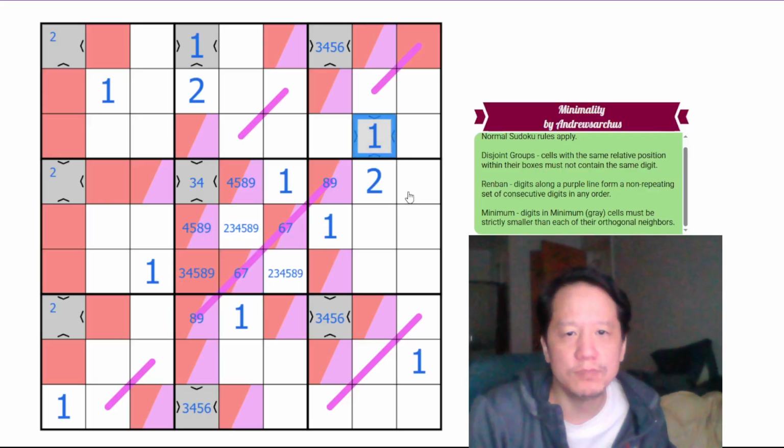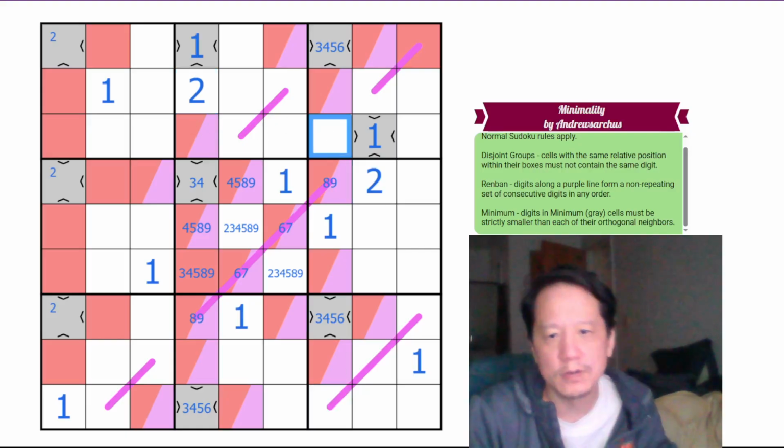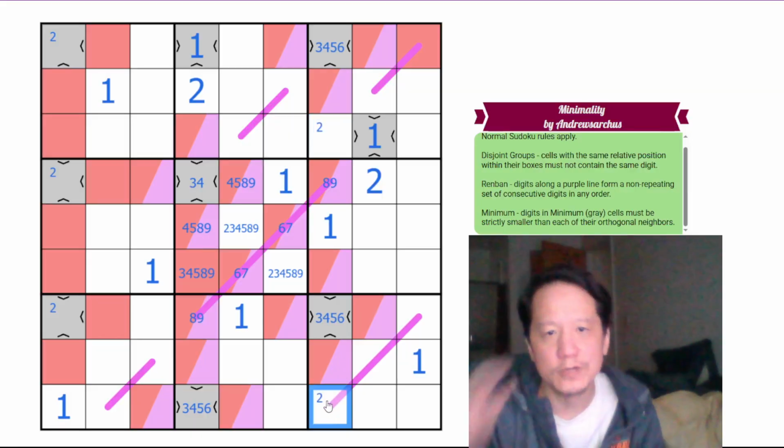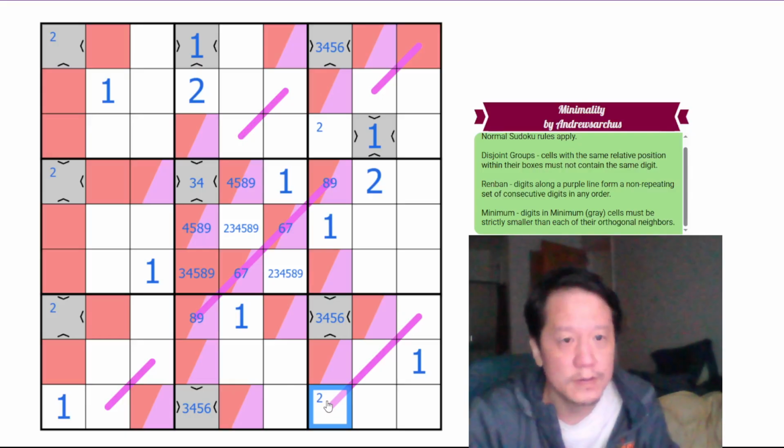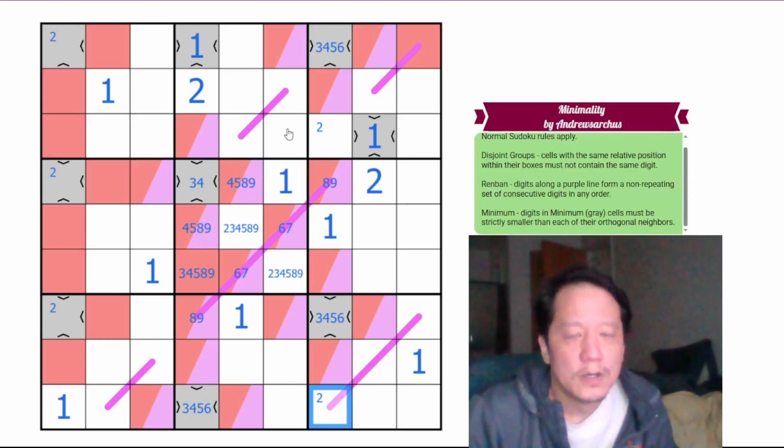So this is 1. We have 2 here. We need lower left positioning. So it's either here or here. Okay. One of those is 2. That's fine. 2 cannot be here.